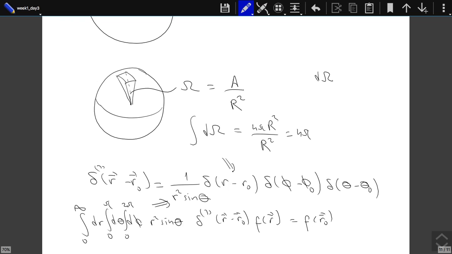In this case, we are integrating only half this cube. If theta goes from 0 to pi, this is the plane. Okay, where is your r0? Somewhere over here. Somewhere at the surface of the thing.